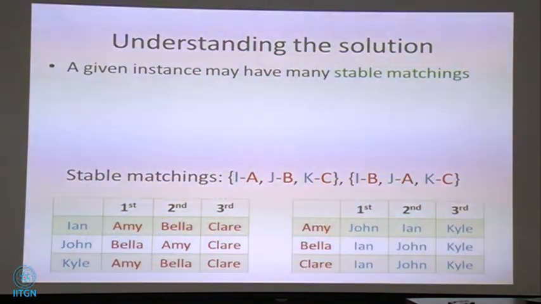He proposes to Bella, gets rejected, Bella doesn't like him. So he goes out and proposes to Claire, and that's the end of the algorithm. So Gale-Shapley would actually give us the one of these two that favors guys. And of course, symmetrically, if it was the women who did the proposing, then Amy would propose to John, Bella to Ian, and Claire would end up with Kyle. So the proposing side in this example seems to have an advantage.